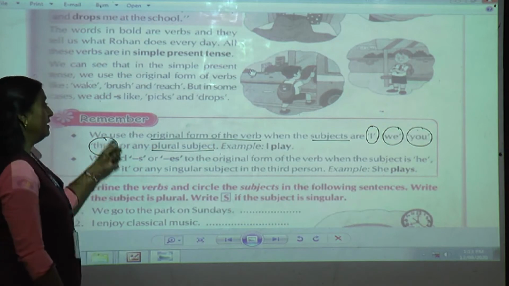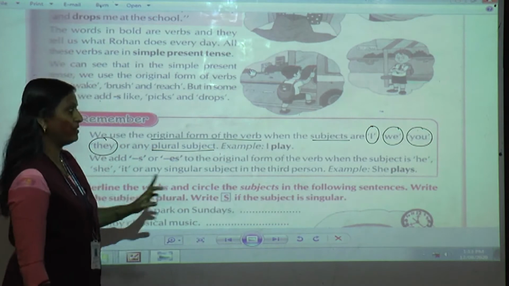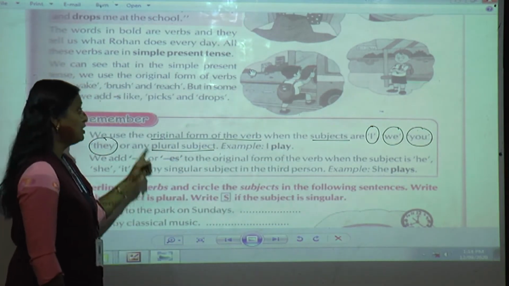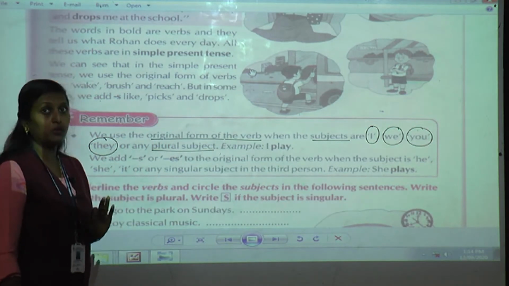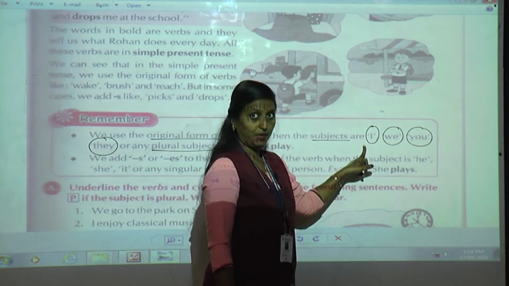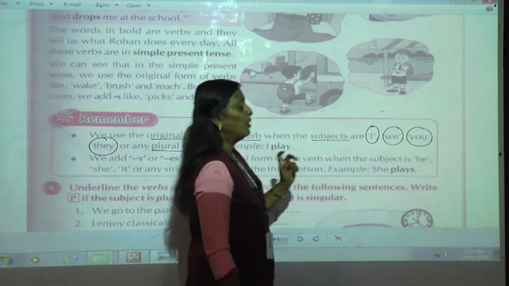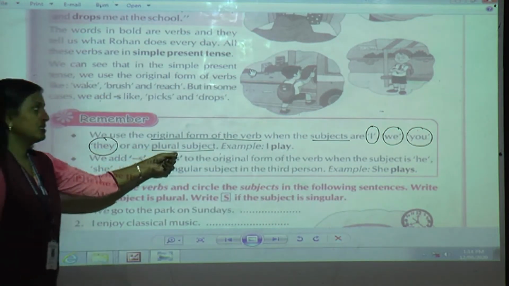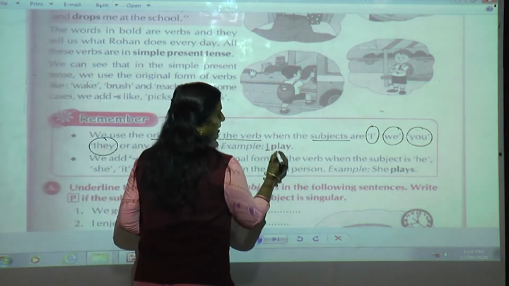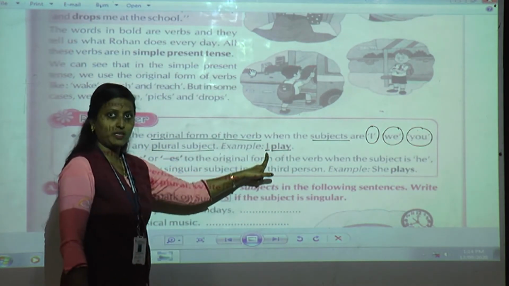You know what is the original form of the verb? Like play, wake, reach, all that are original form. Again I'll repeat, these words you have to keep in your mind: I, we, you, they, and plural subject. Understood, students? An example they have given here: I play. This is the original form of verb, and here we can see the subject is I.